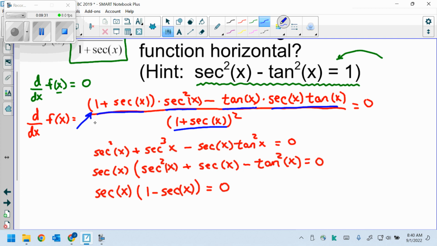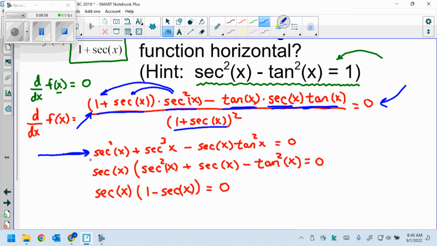Anytime a fraction has a value of 0, and make sure that you show that you are setting the derivative equal to 0, anytime a fraction is equal to 0, it's because the numerator is. So I'm just going to focus my attention on the numerator. And when I distribute this secant squared, I get my secant squared, secant cubed. Here I've got a secant, I've got a tan squared. So that's where this step comes from.